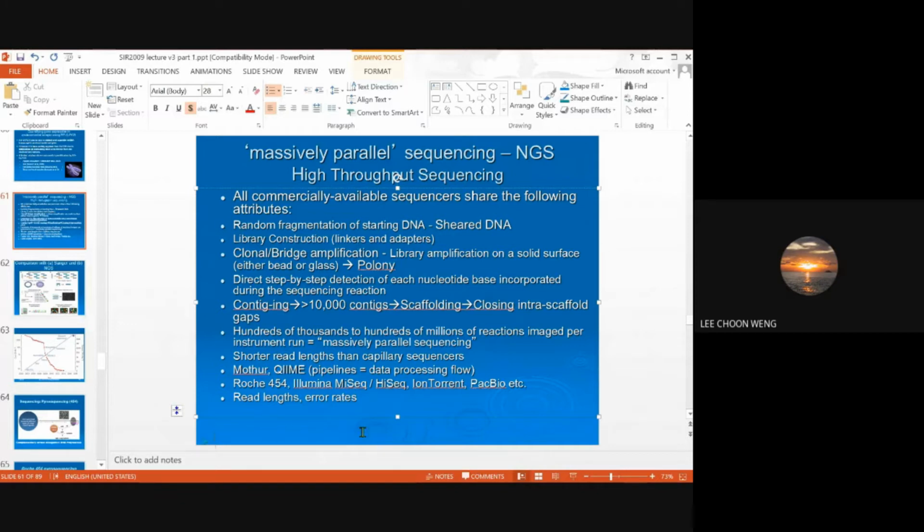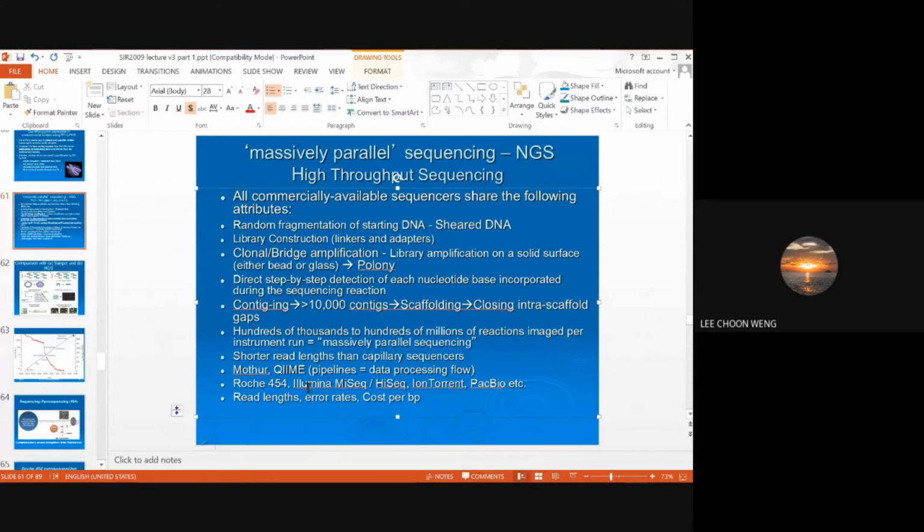Okay, and also the cost per base. So cost per base also, Roche 454 is very expensive because of the consumables that they take up. Okay, so now MiSeq, HiSeq have probably the best cost per base, most efficient sequencing cost per base pair.